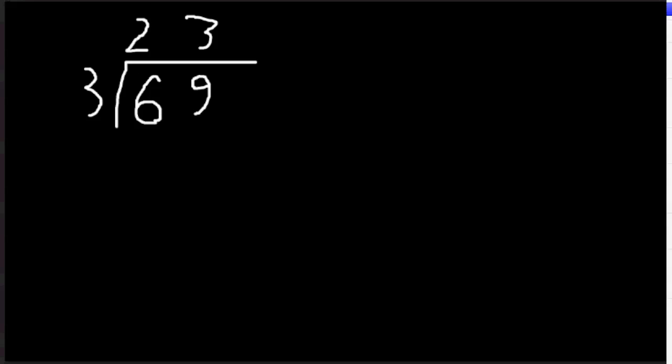Let's do one that won't be a whole number. 75 divided by 4. So this is not actually going to be a whole number. 7 divided by 4 is 1.